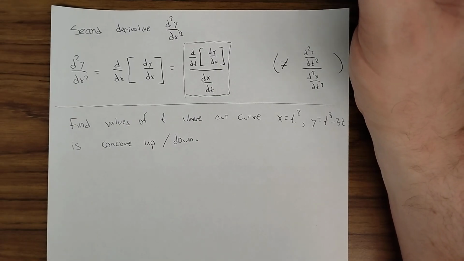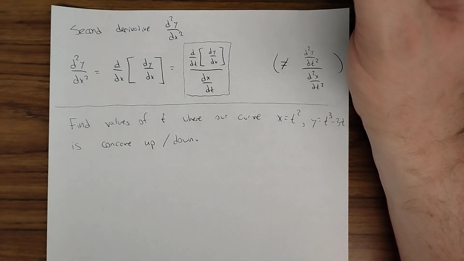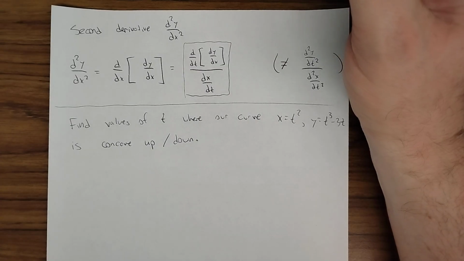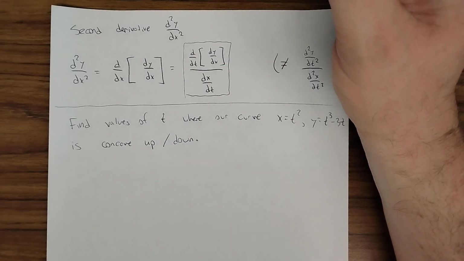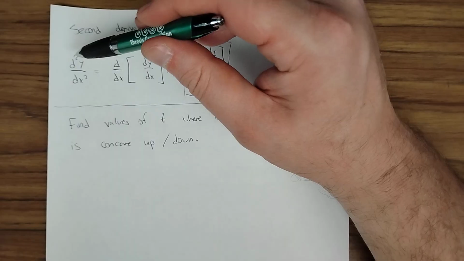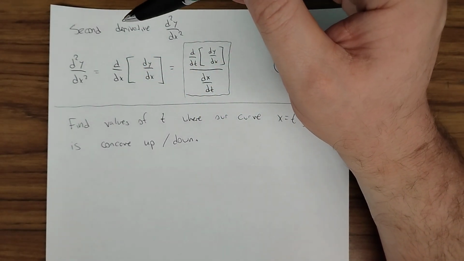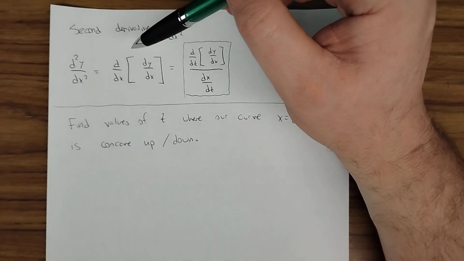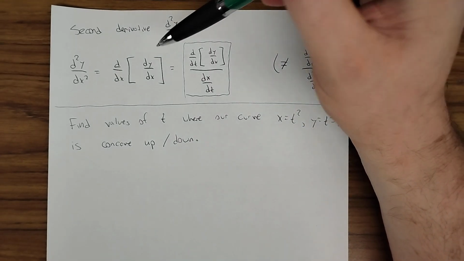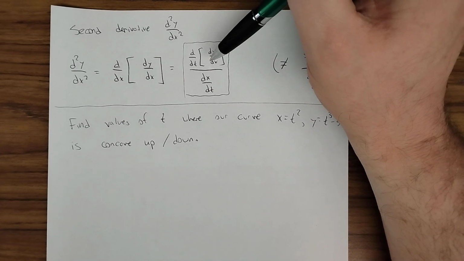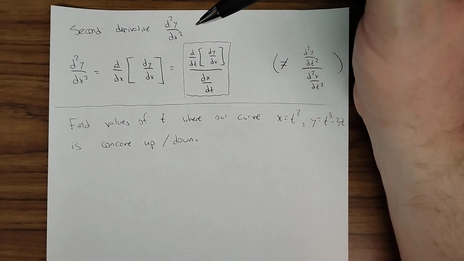it's the rate of change of the slope of the tangent line with respect to x, which is like saying if I change x a little bit, how much does the slope of the tangent line change? And we're sort of going to do this the way we did the first derivative.